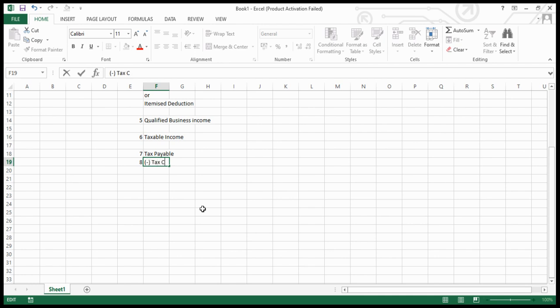Tax credits are possible based on the criteria mentioned, for example the deduction related to children's education, or anything we can get based on that tax credit. Like, if your tax payable is 1000 and you paid something for the tax credit as 10, you can directly deduct the 10 rupees from this 1000.